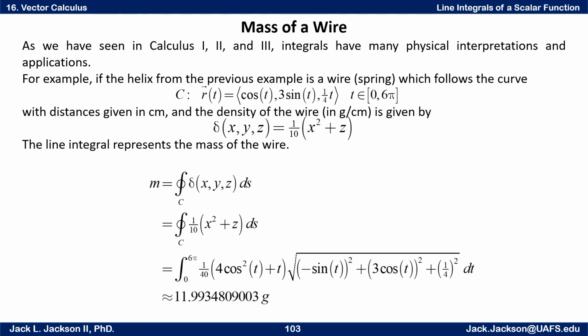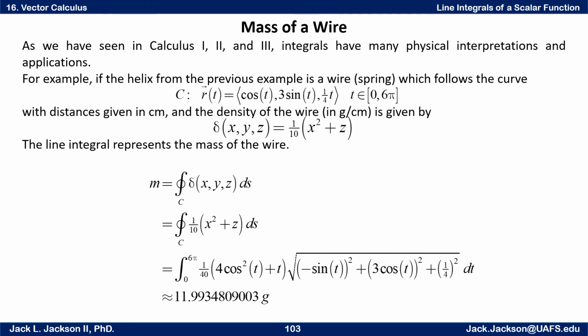But let's say that the density is variable there. So the density is the function that we were given earlier, 1/10 x squared plus z. Then that integral that we just computed could be interpreted as the mass of that wire. So the mass would be about 11.99, say in grams. The density would need to be given in grams per centimeter, so it's a linear density, and then the x, y, and z are in, say, centimeters, some length unit.